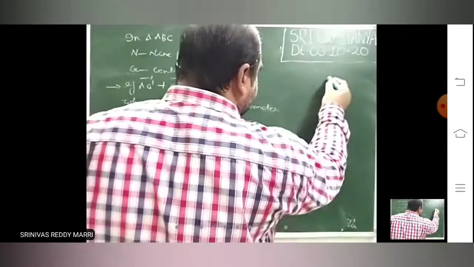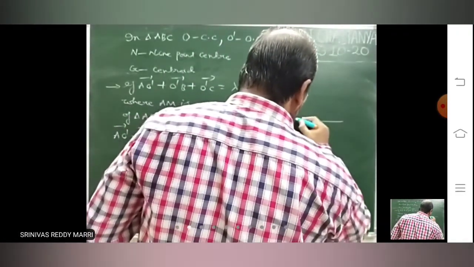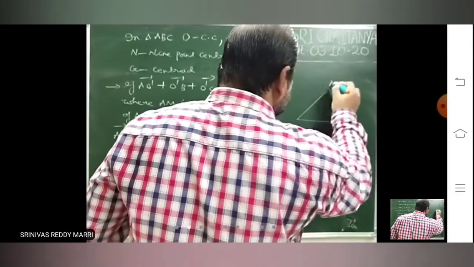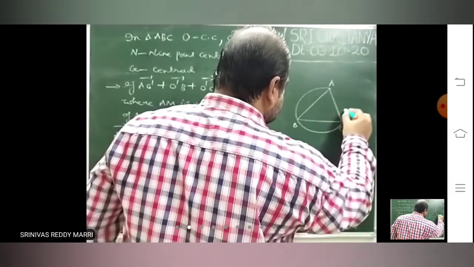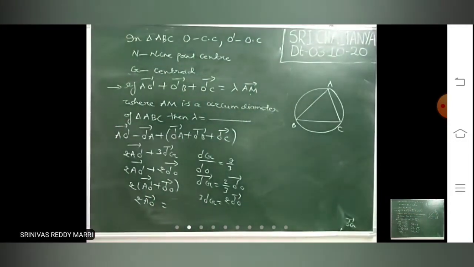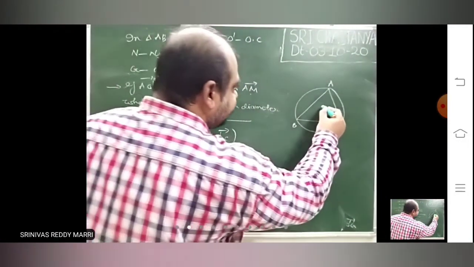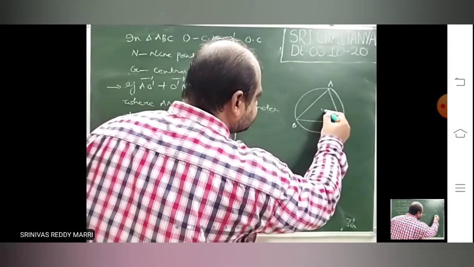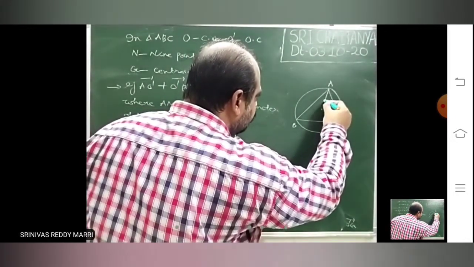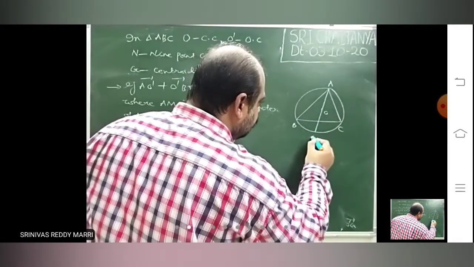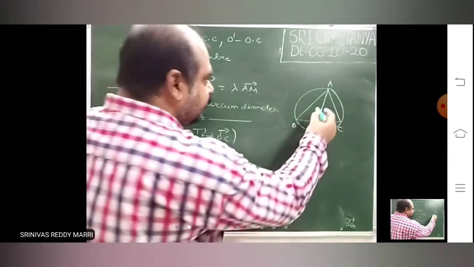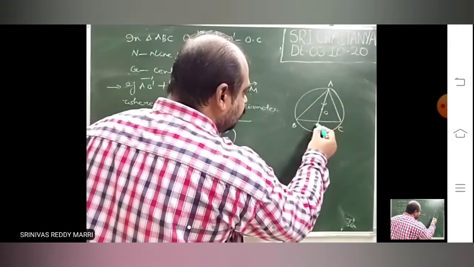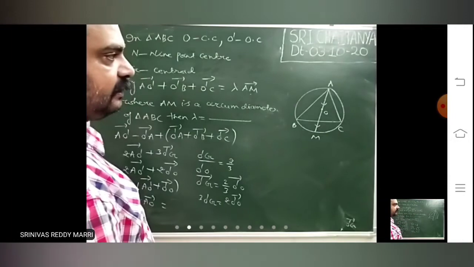What he has given is AM is a circumdiameter. There is triangle ABC here. Draw the circle. This is the circumcircle, and AM is a diameter. That means this is the circumcenter O. Now look at AO bar and AM bar.